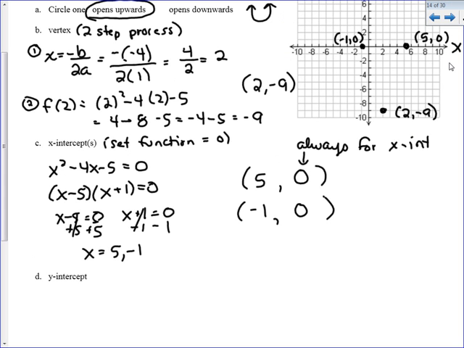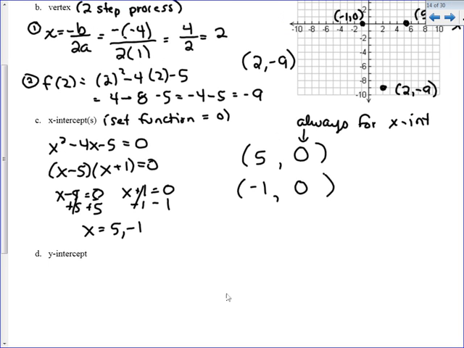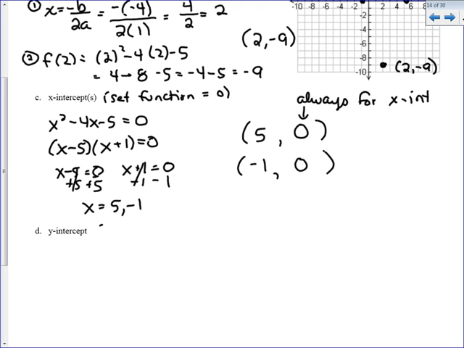But we need one more point, if you want. So the last thing we need to find is my y-intercept. You always have a y-intercept. There's only ever one. And to find your y-intercept, you let x equal 0. So what that means is if I go by function, I just replace every x that I had with 0.